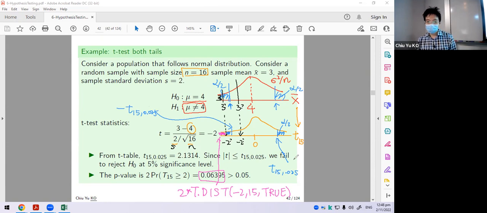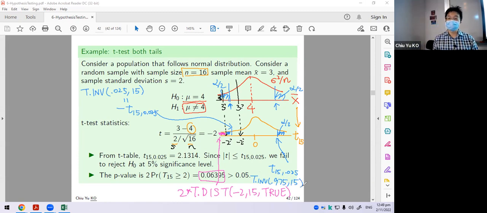T 15 0.025 here, okay? And this will be just t.inv 0.025, 15. And of course, this guy will be t.inv 0.975, 15. But you just need to find one because they're symmetric.